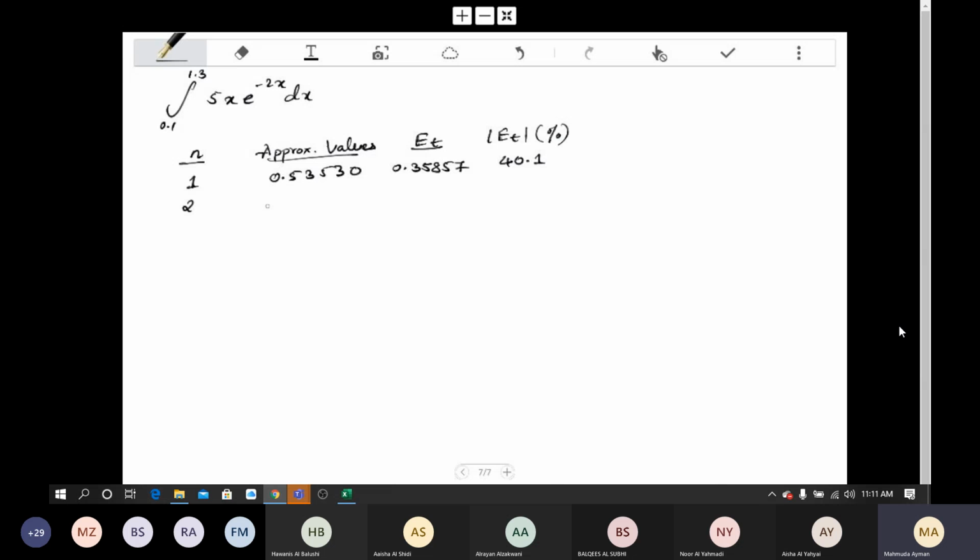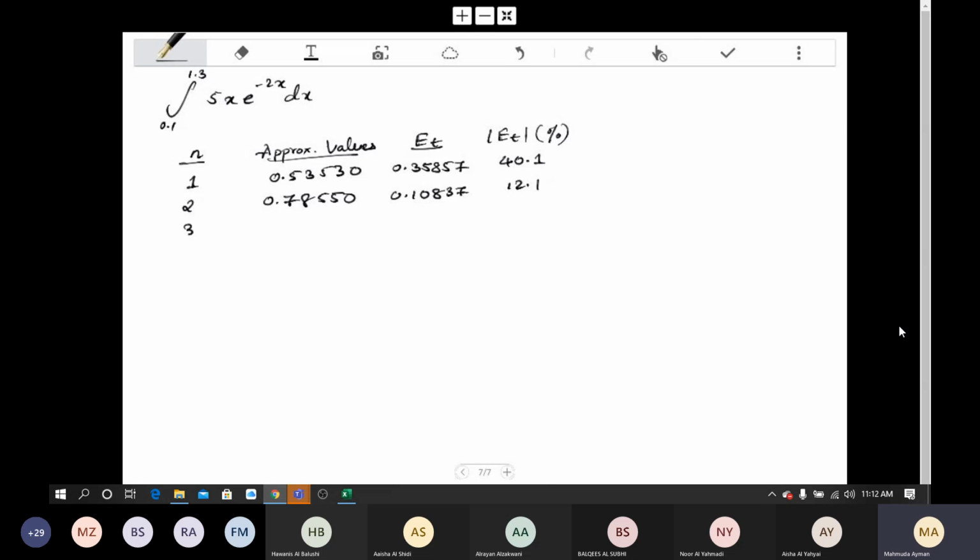And when we took two segments, we got the value as 0.78550, and our true error was 0.10837, and our error was 12.1%.